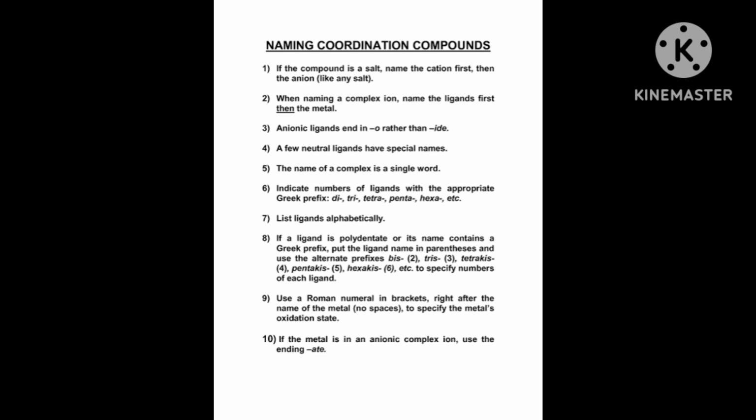This complete complex is cobalt with ethane-1,2-diamine in 3 number, first 3 number, and again ethane-1,2-diamine, again ethane-1,2-diamine.